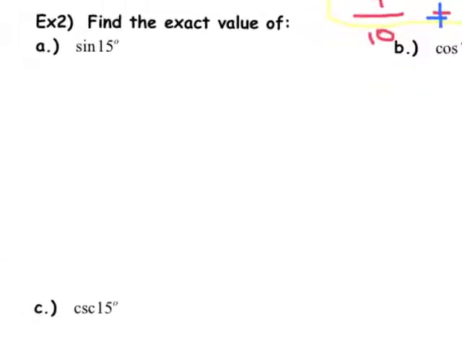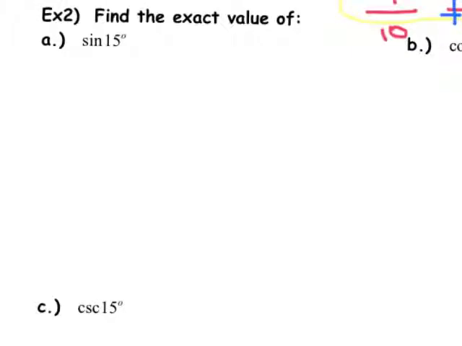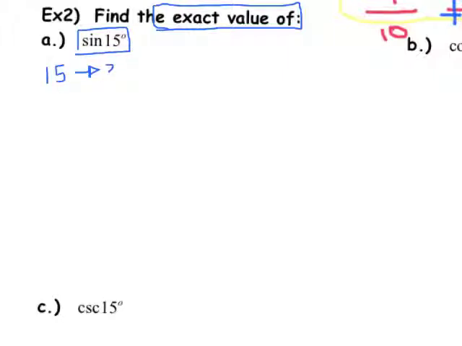All right, so let's find the exact value of sine 15 degrees. So exact values, those were your 30, 60, 90s, and 45, 45, 90s. But of course, 15 is not 30 degrees, nor 60 degrees, nor 90 degrees, nor is it 45.